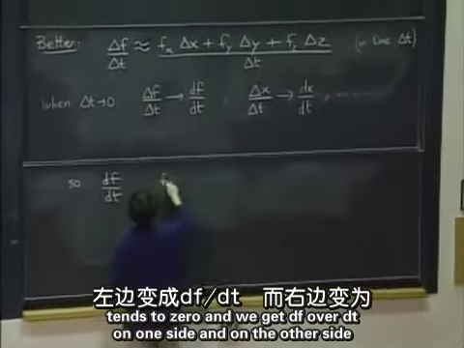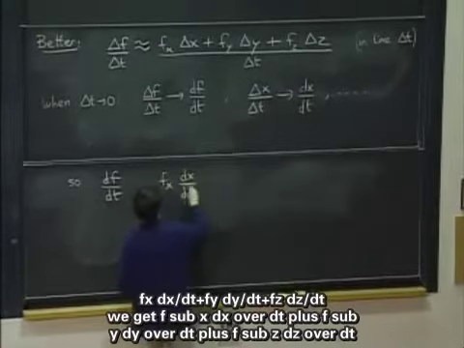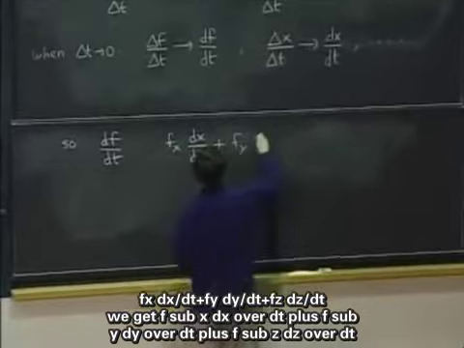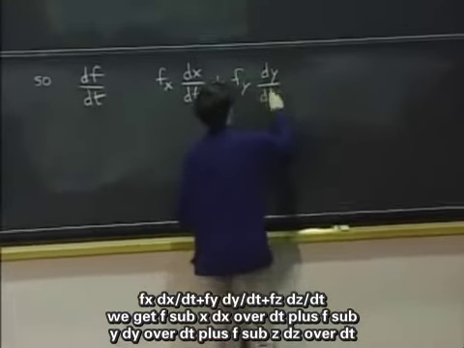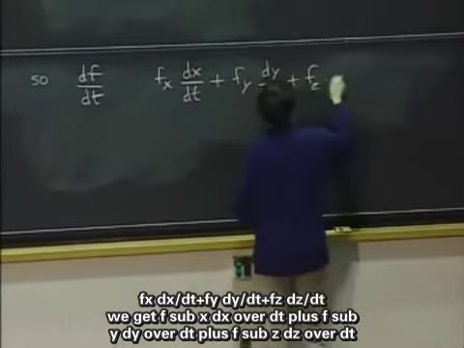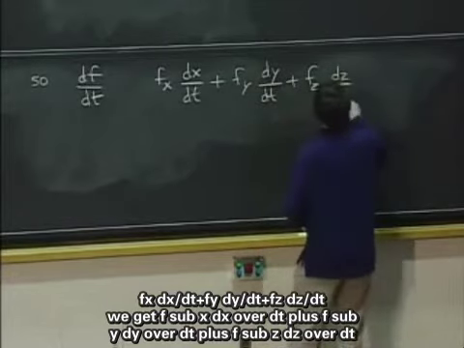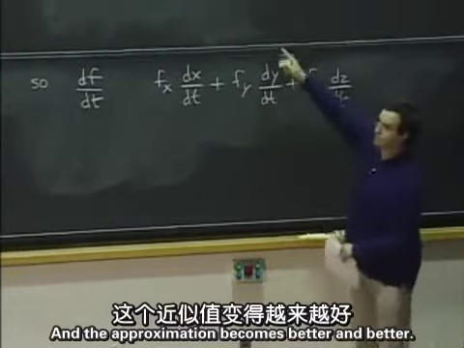On the other side, we get f sub x dx dt plus f sub y dy dt plus f sub z dz dt. And the approximation becomes better and better.